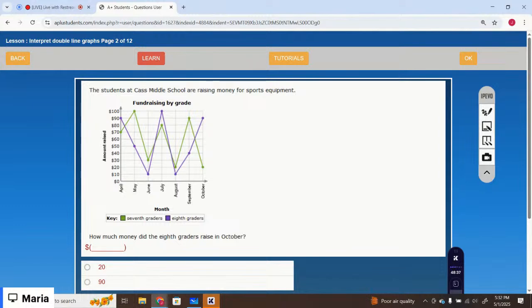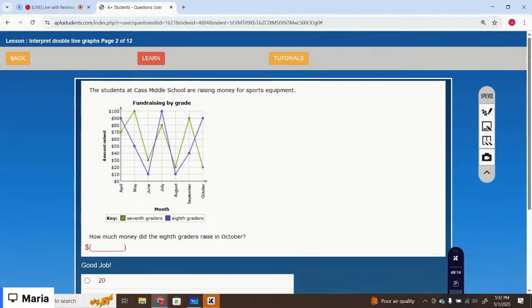The students at Cass Middle School are raising money for sports equipment. How much money did the eighth graders raise in October? $90 it is. Option number two is the correct option.